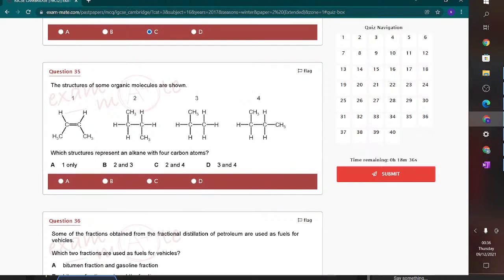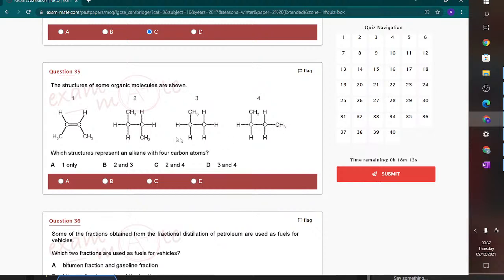Question 35. Which structures represent an alkane with 4 carbon atoms? Alkane, so no double bonds. 1, 2, 3, 4. 1, 2, 3. That's 3. 1, 2, 3, 4.